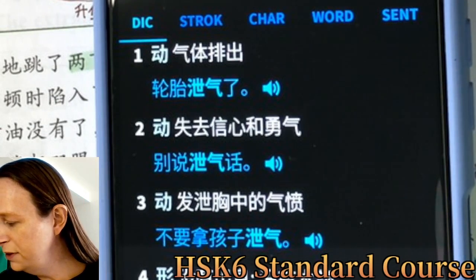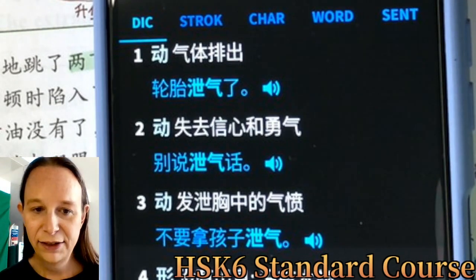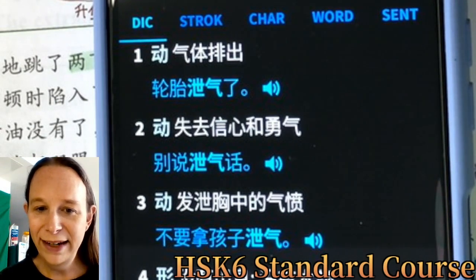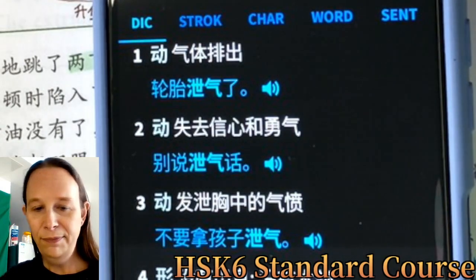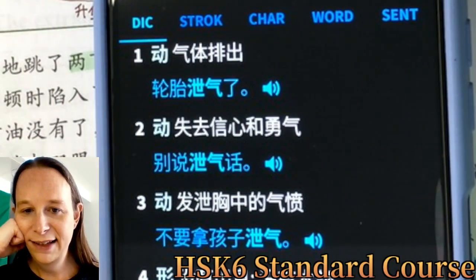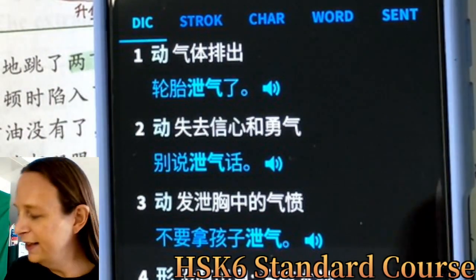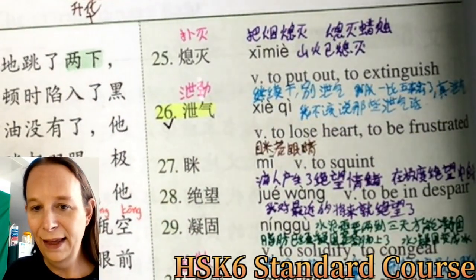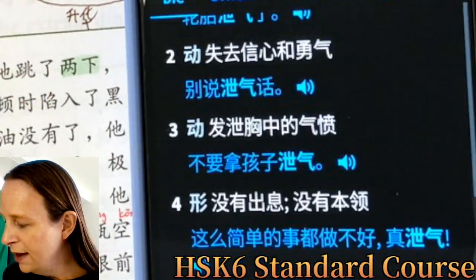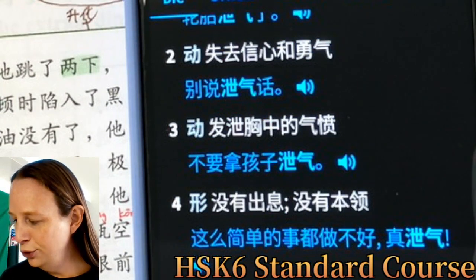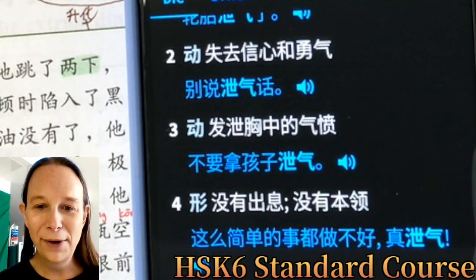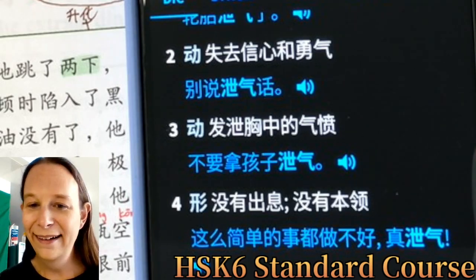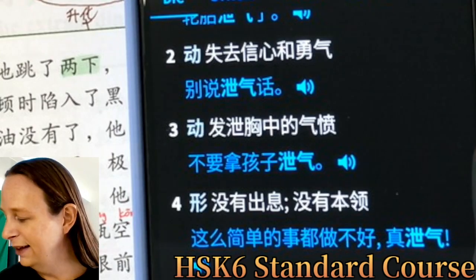Verb, 失去信心和勇气. So lose your confidence or bravery. 别说泄气话. So this is losing your confidence, bravery. This one looks very close to that one. 发泄胸中的气愤. Okay, so this is venting your anger. 不要拿孩子泄气. I didn't realize that one existed.